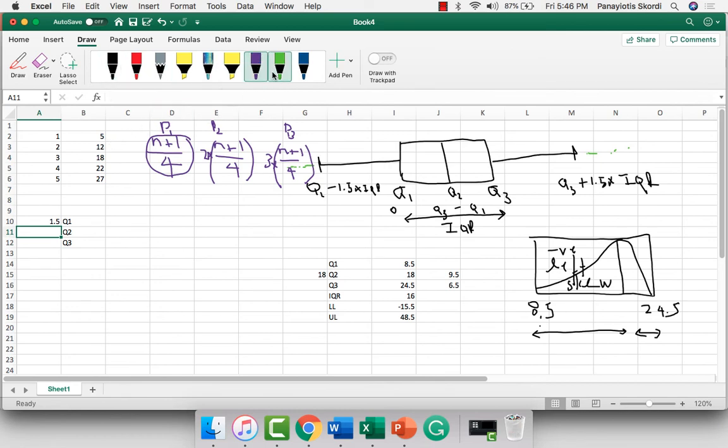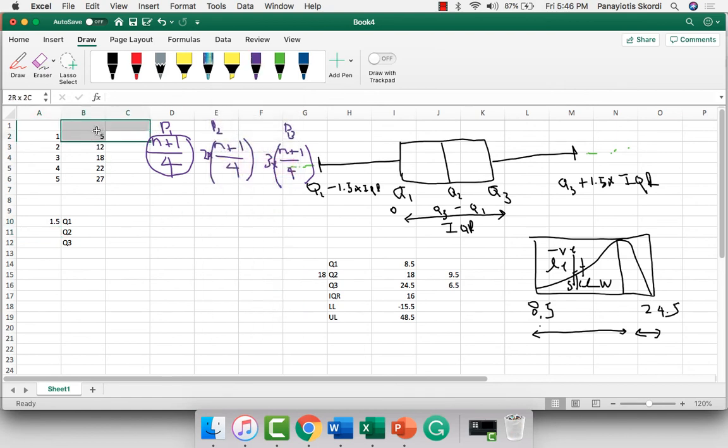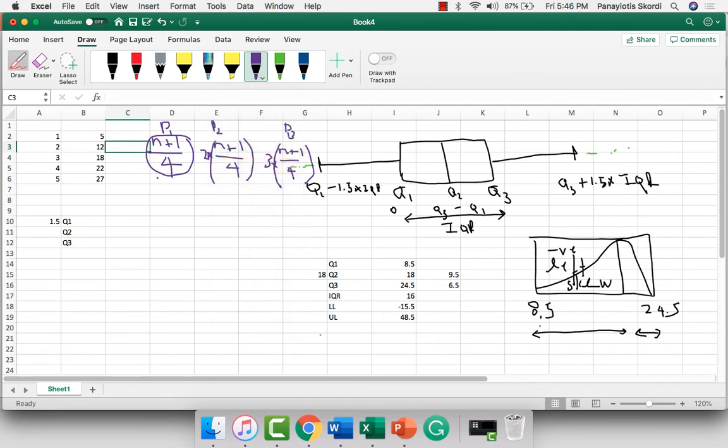And we're going to have to take the average of these guys in here, because halfway between 1 and 2 is going to be the average of those two.